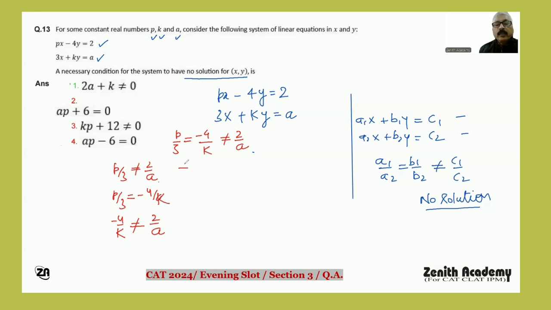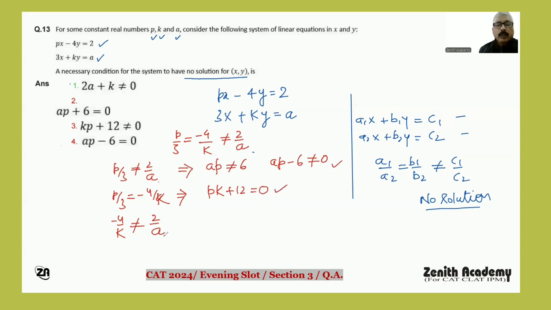So these are three possible conditions. If it is, then it implies ap is not equal to 6, means ap minus 6 is not equal to 0. If it is, then pk by 3 minus 4, so pk plus 12 is equal to 0.